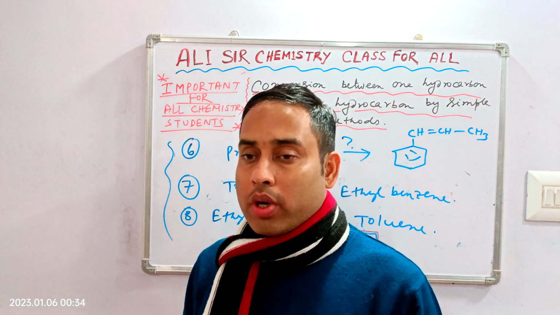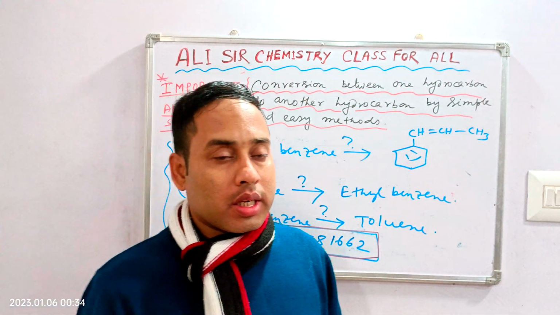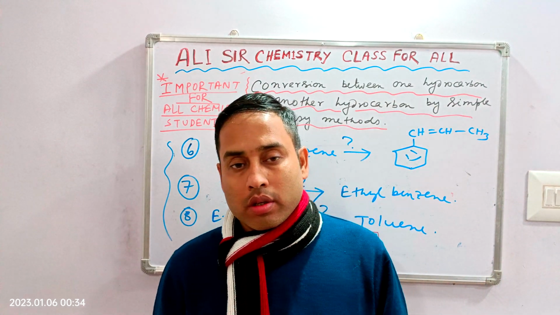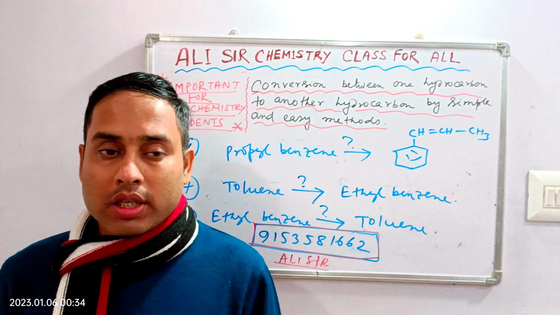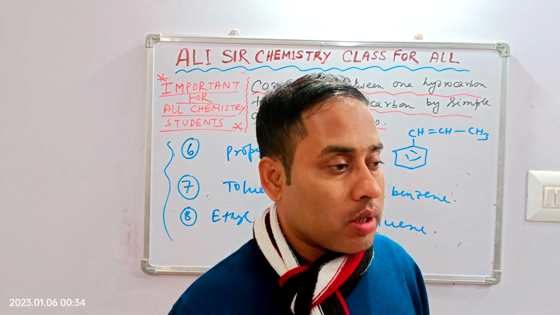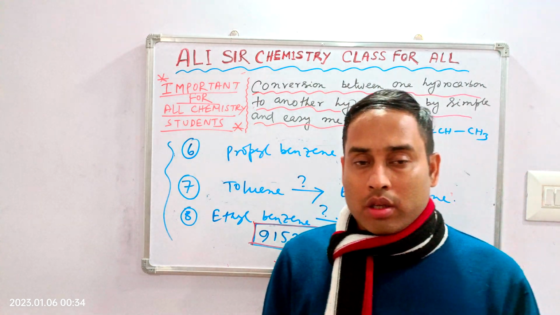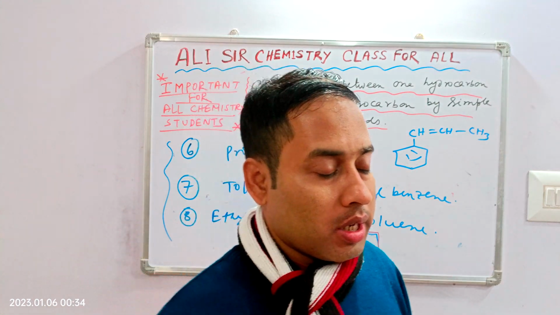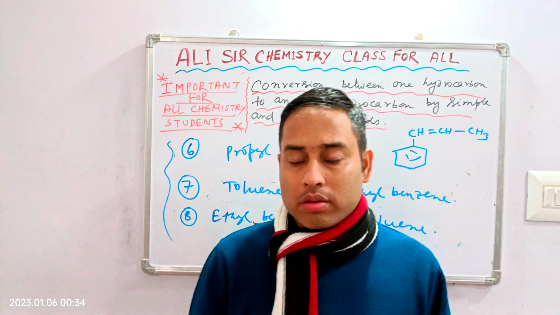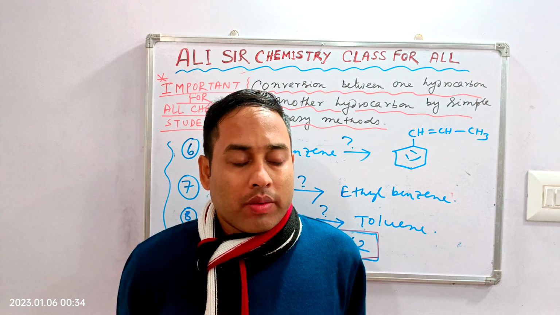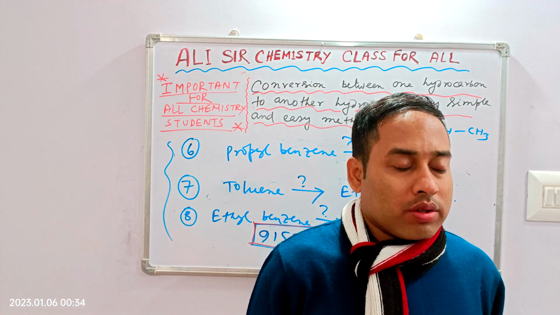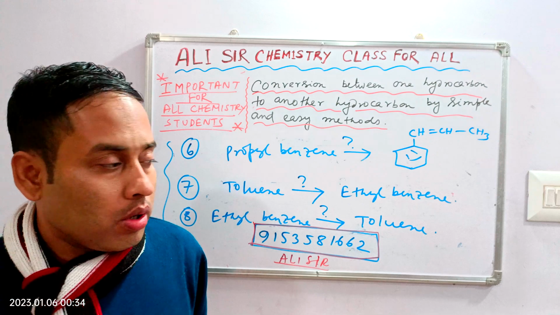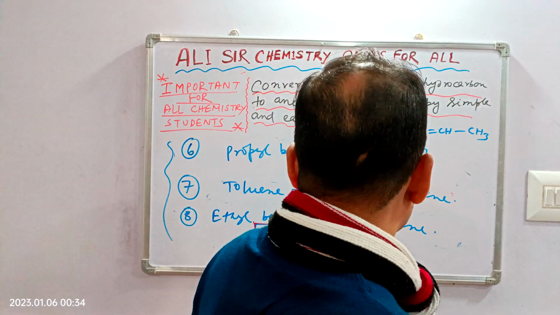The reactions are: first, halogenation of alkane; second, Wurtz reaction for the preparation of symmetrical alkane; third, Corey-House reagent for the preparation of unsymmetrical alkane; fourth, Grignard reagent for the preparation of both symmetrical and unsymmetrical alkane; fifth, ozonolysis; sixth, elimination, mainly E2 elimination; seventh, Clemmensen reduction; and finally benzylic halogenation using NBS and CCl4, and also some other reactions.